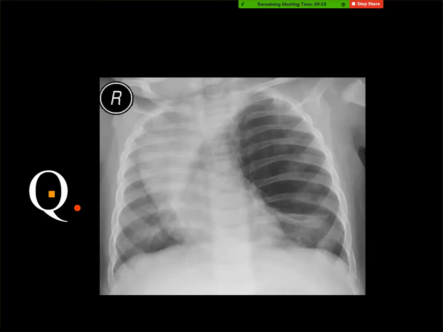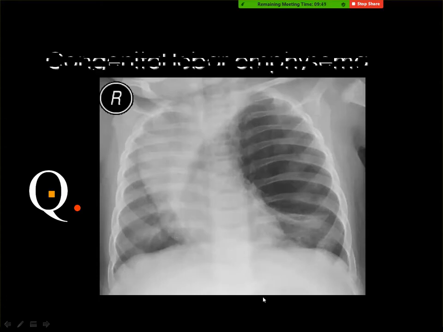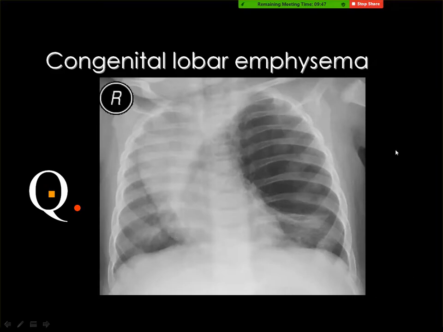Lobar emphysema. Left upper lobe. Congenital lobar emphysema. And this is now called congenital lobar overinflation.